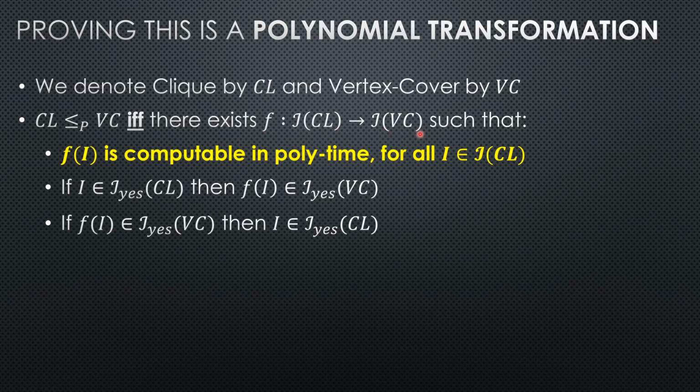For us, that'll be a procedure that takes the input graph G, flips all of the entries in the adjacency matrix, so we get the complement graph, and then produces the number n minus k as the second component of the tuple of the input to vertex cover. So we're going to produce the complement graph and the n minus k. So we're going to transform the input graph G comma k into the input complement graph H comma n minus k for vertex cover. So that's our f.